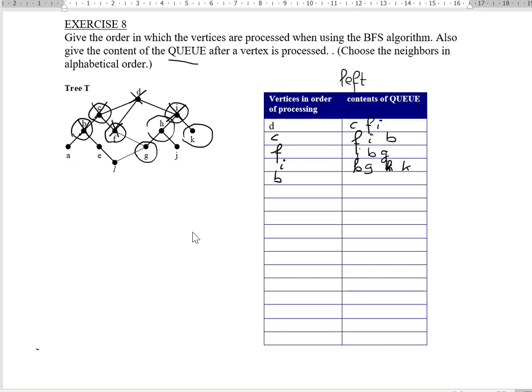Okay, we take out B, this one. B goes. And what do we add for B?